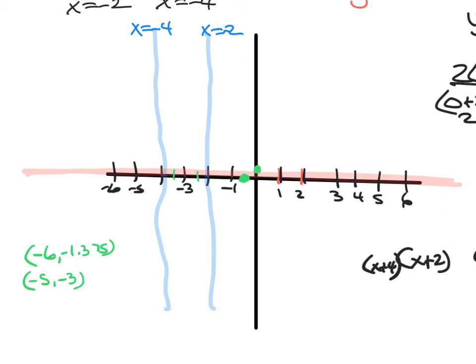So at negative 6 and negative 1.3, I could say it's about here. Then 1, 2, 3, and then negative 5 is here. So this piece of the graph, again, is going to skim these asymptotes. Then over here in this section, I'm going to look at the order pair negative 3.5.